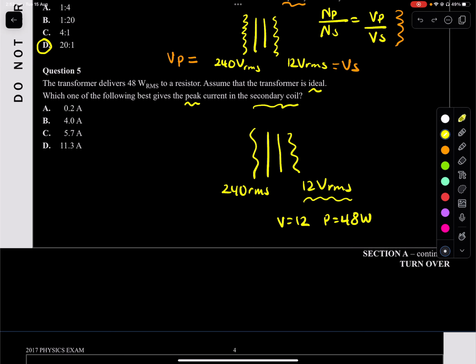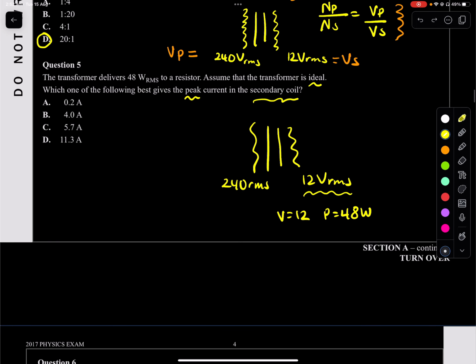To do that, we know that power is equal to VI. Our voltage in this case is 12, we don't know our current, and our power is 48. So I is equal to 4. Remember, it is RMS, so amps RMS.